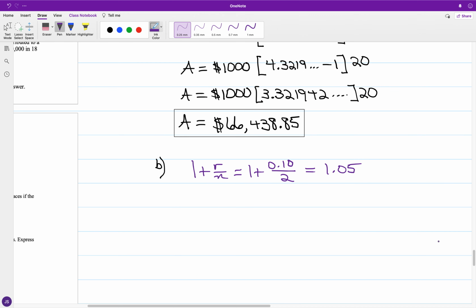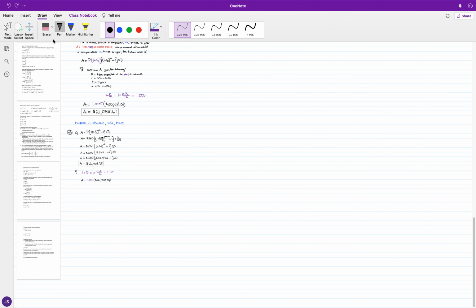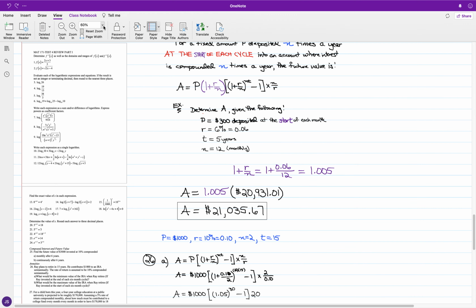So on the maximum side, that 1 plus R over N times everything else, you're going to have 1.05 times 66,438.85. Okay, and so we'll have a sizable difference here.